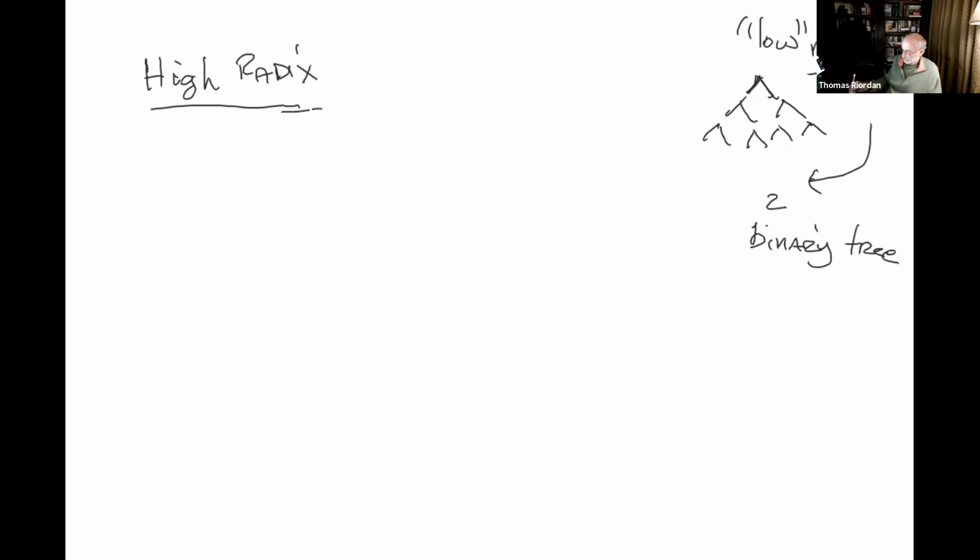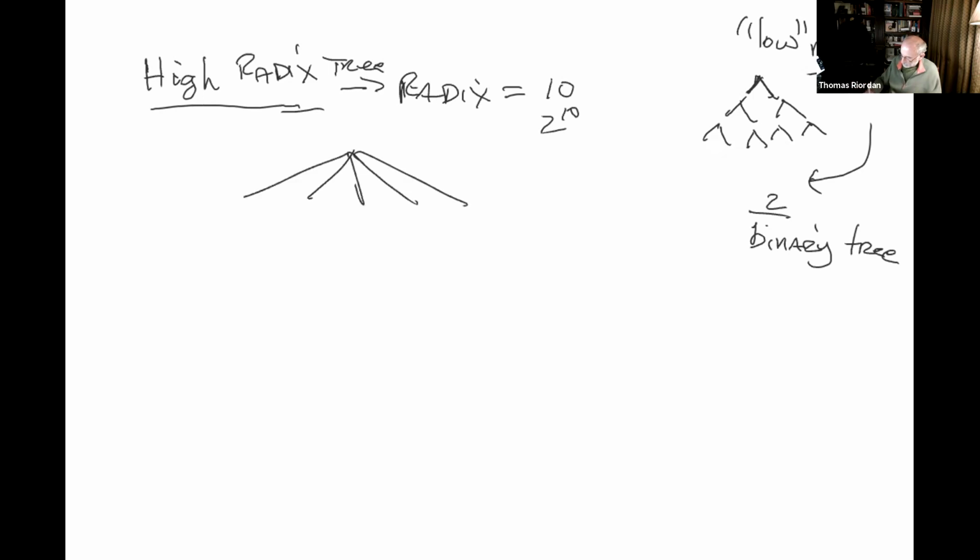Well, a high radix tree means it's not going to be binary, it's going to be some number bigger than 2. And in fact, we're going to use a high radix tree here where the radix is equal to 10. So 2 to the 10th. And so a radix tree like that looks like this. And then each one of these is, again, some huge number.